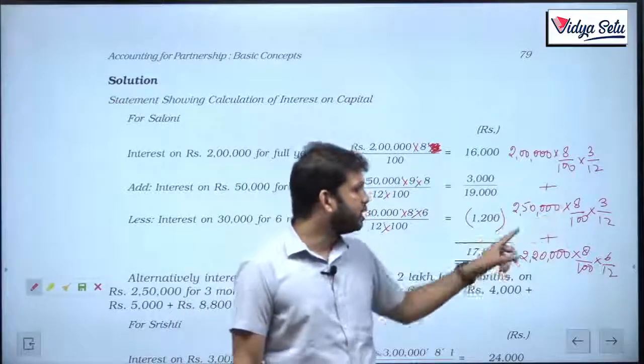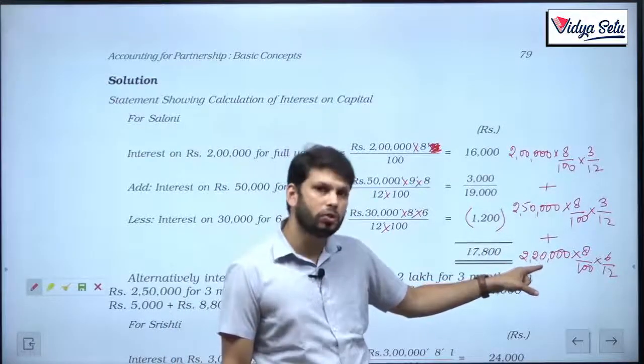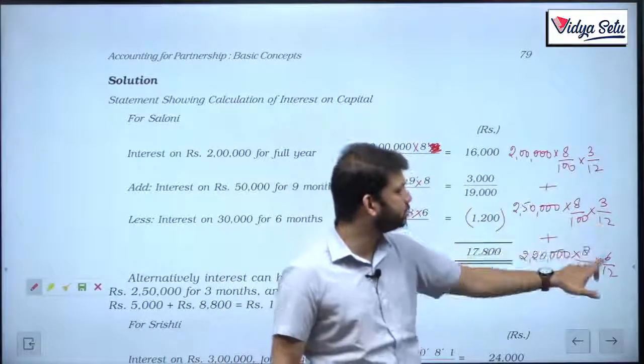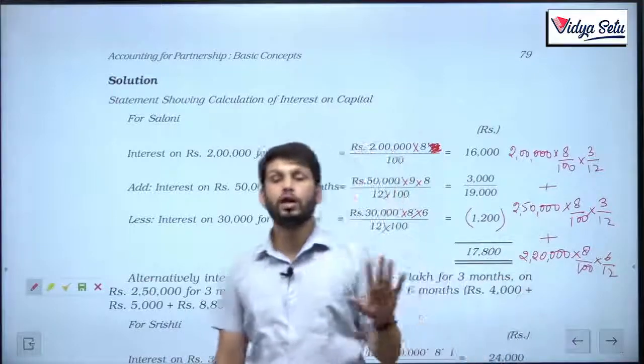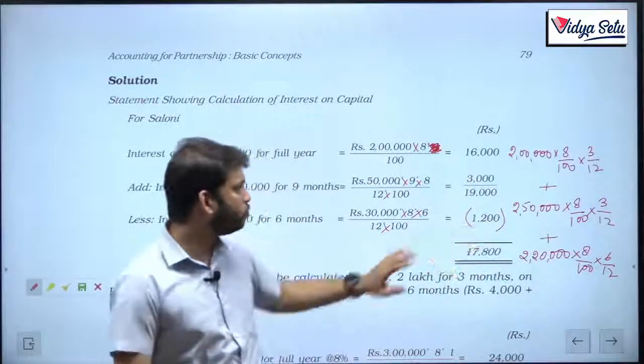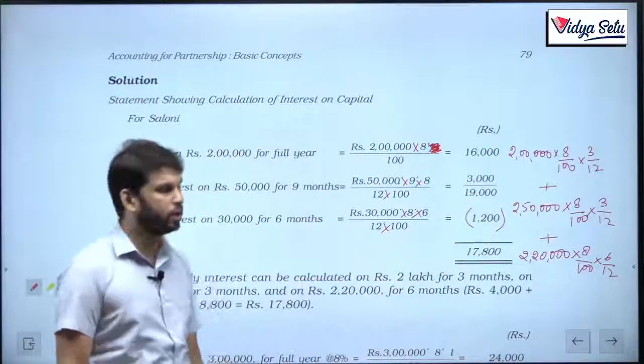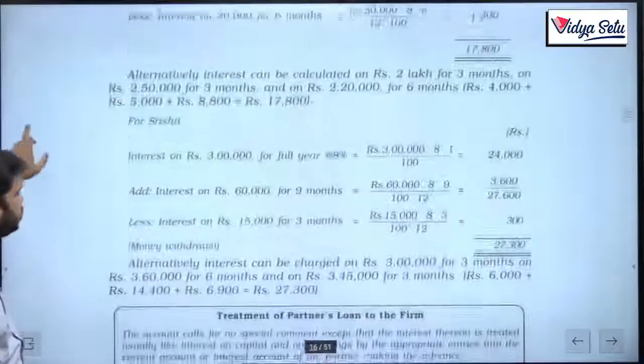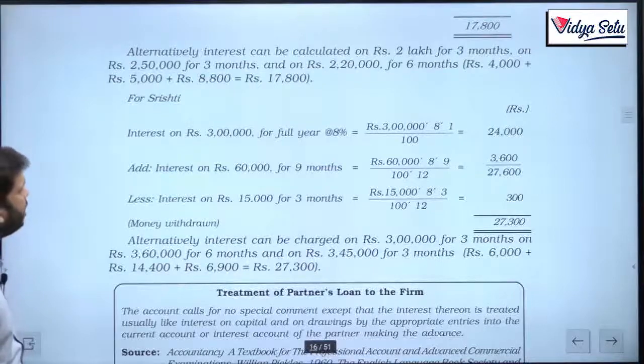Then it became 2,20,000, and it remained for the rest of the year. So 3 plus 3, 6, plus 6, 12 months, all 12 upon 12, it's done. It's up to you how you want to calculate. In the same way for Shrishti also, a similar thing has happened.